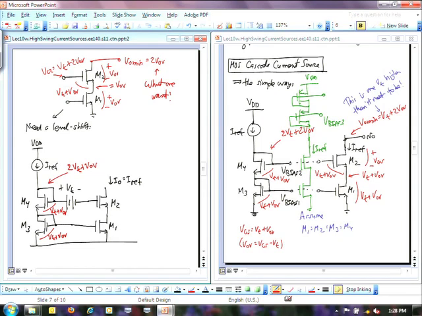If we level shift down by VT, that becomes VT plus 2 VOV. This transistor itself will have its own level shift, VT plus VOV, and we'll end up right here with the VOV that we want. Okay, so if we're able to create this kind of circuit where we have that level shift, then we've got what we want.